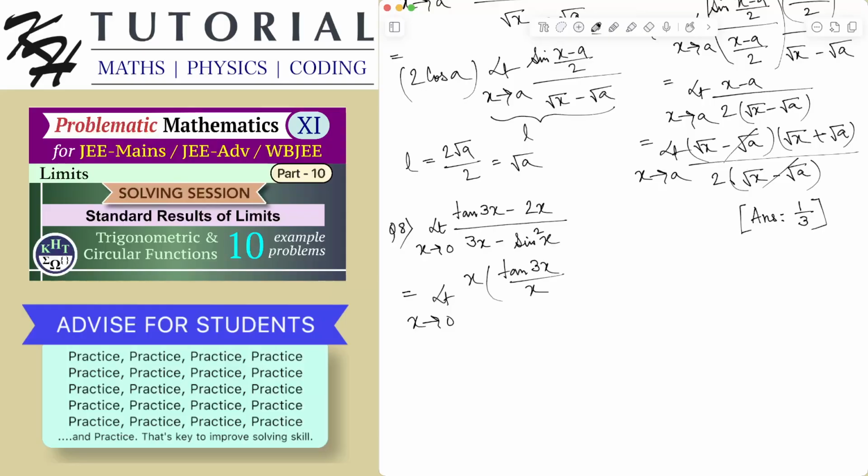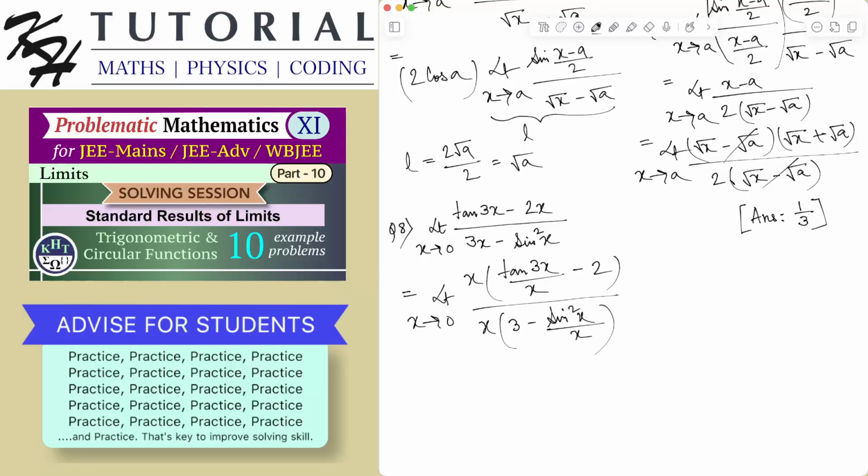Tan 3x by x is very near to the standard result of tan fx by fx, which is 1 when fx tends to 0.